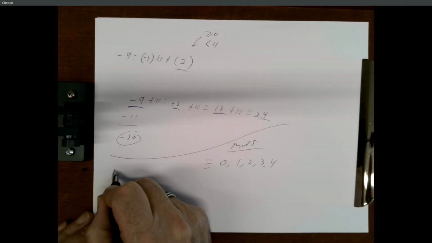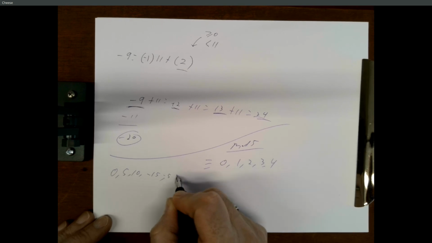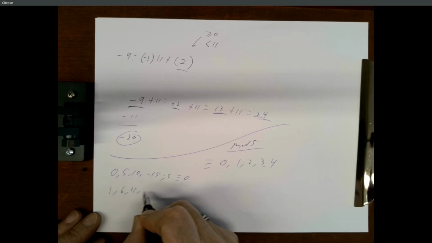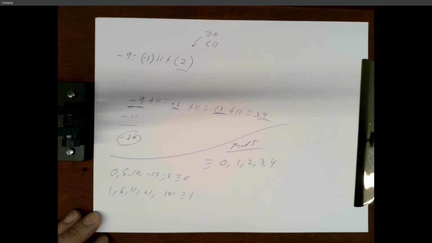Right, so in particular the numbers 0, 5, 10, negative 15, negative 5, those are all congruent to 0. The numbers 1, 6, 11, 21, 101, those are all congruent to 1. And we can break all the integers up into these 5 big groups of numbers.